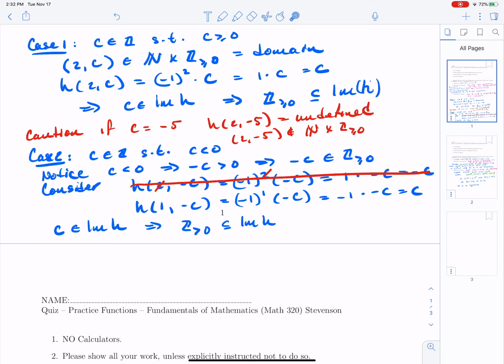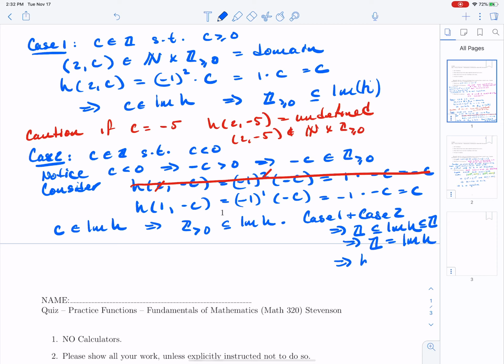So combining these two, from case 1 and case 2, the integers are contained in the image of h, and of course the image of h is contained in the integers because that was the codomain, so that tells me that the integers are equal to the image of h, and that tells me that h is surjective.